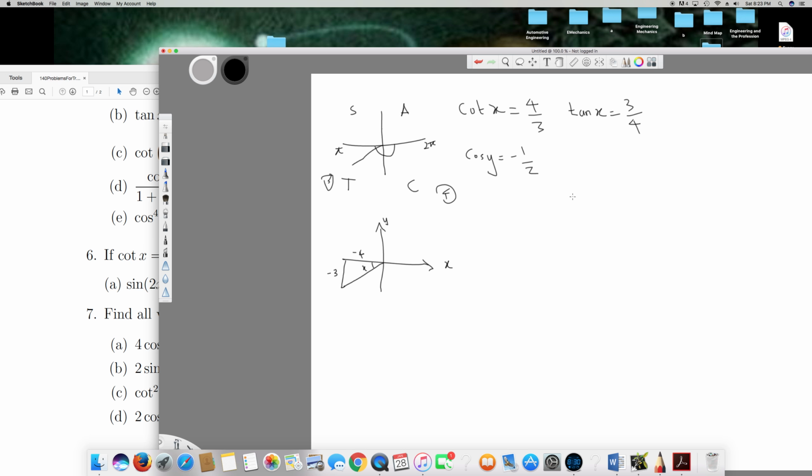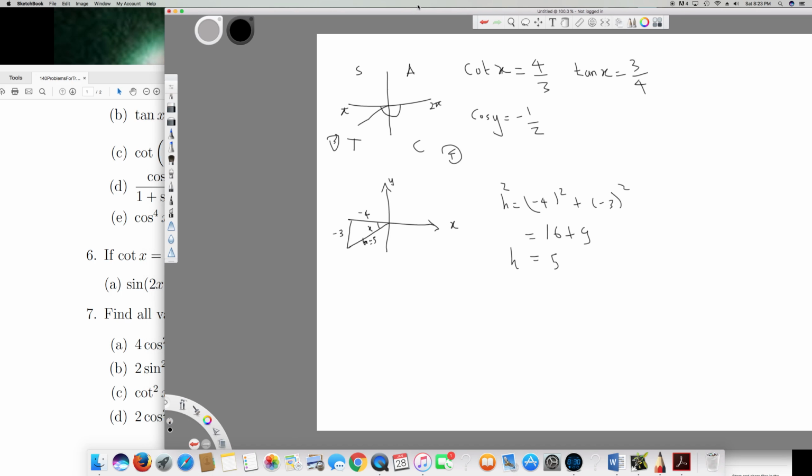Because according to the Pythagorean theorem, let's say hypotenuse h. So h is equal to the square root of minus 4 squared plus minus 3 squared. So it's 16 plus 9, 25, so h is equal to 5. Hypotenuse is always positive. We don't have to worry about that.